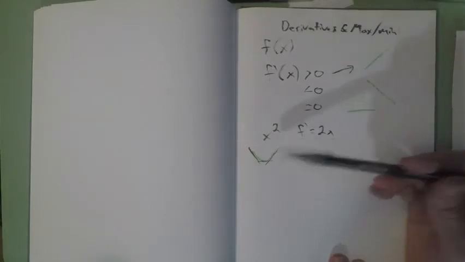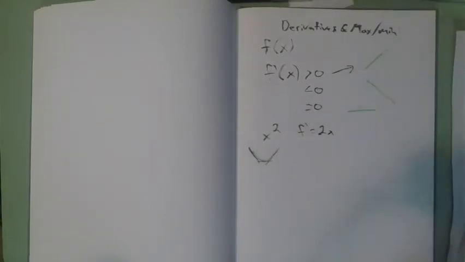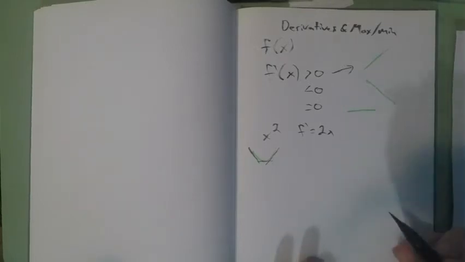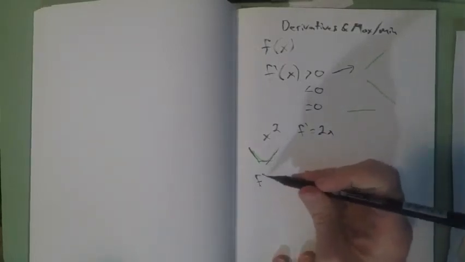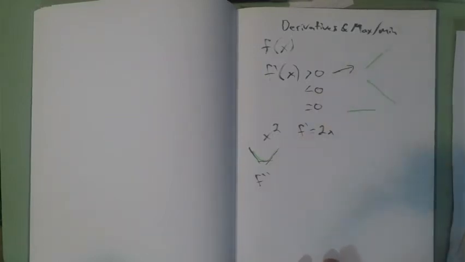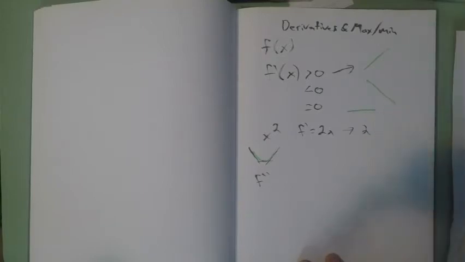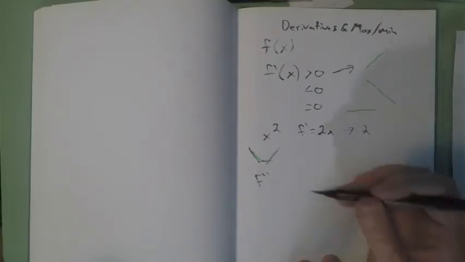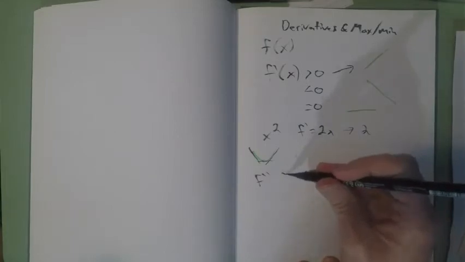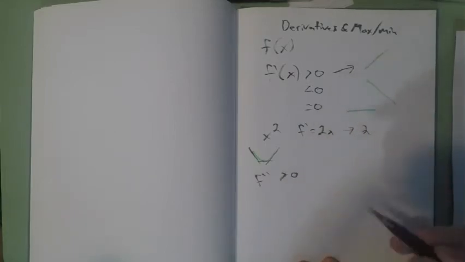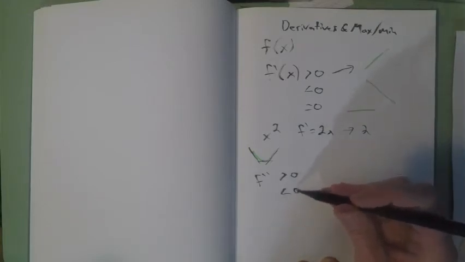So the first thing we get out of the derivative is whether our function is increasing, decreasing, or not changing around a particular area. The next thing is looking at the second derivative, so f double prime. Now let's take this one, and in this case, it's just a constant 2. So the question here is typically going to be, is this positive, like we've got here, or is it negative?